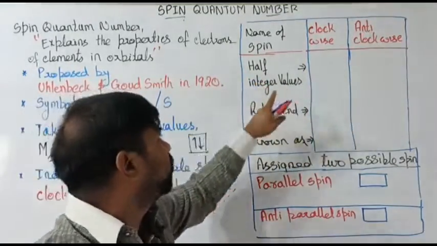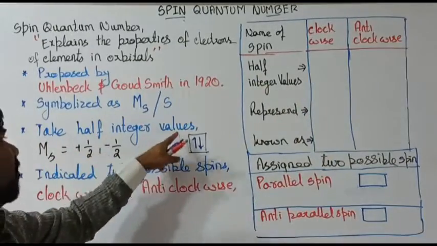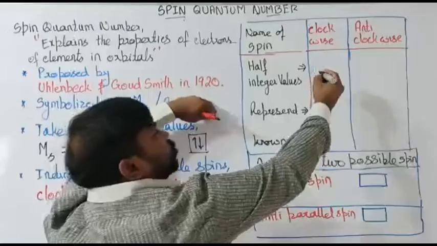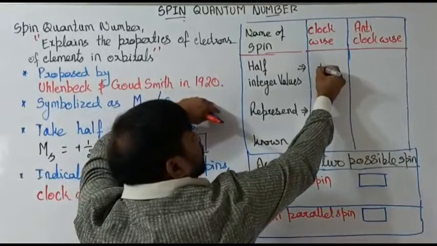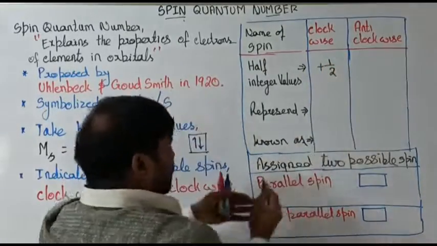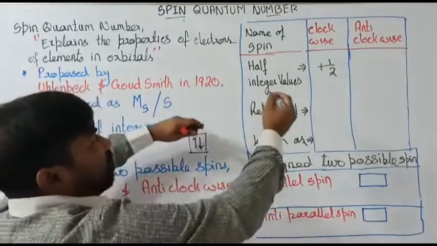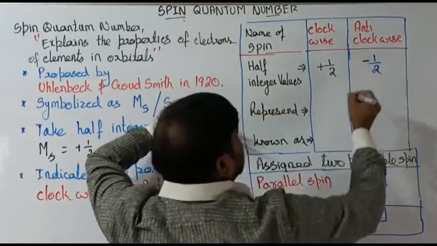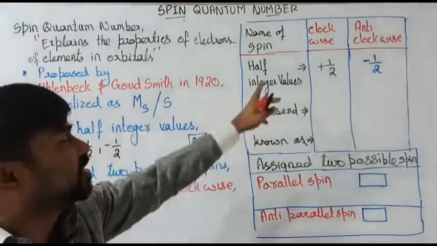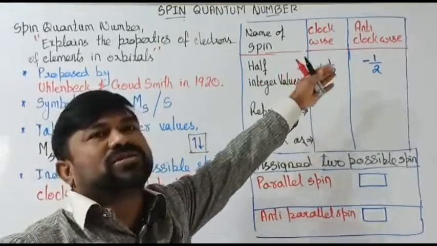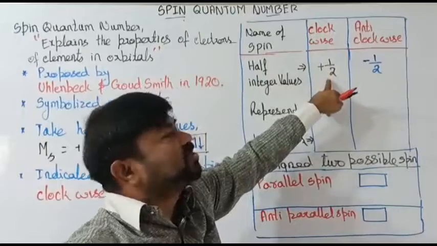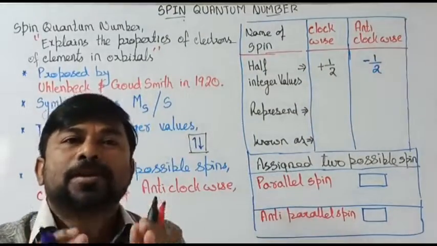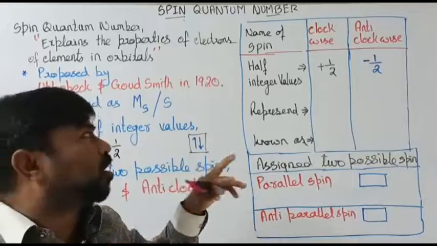Just now I said we have given half integer values. For the clockwise direction, the half integer value is plus half. This is the value introduced, and for the anti-clockwise, the ms value is minus half. So for the clockwise direction they gave positive plus half, and for the anti-clockwise direction they gave minus half in the spin quantum number.